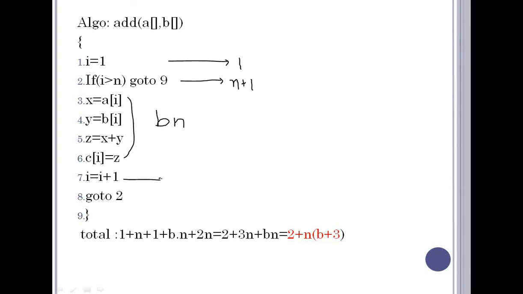For the increment it will again execute n times, and this go-to is going to be executed n times, so it is 2n. So the total number of steps is 1 plus n plus 1 plus Bn plus 2n. In this way the total number of steps we can write is 2 plus nB plus 3n.